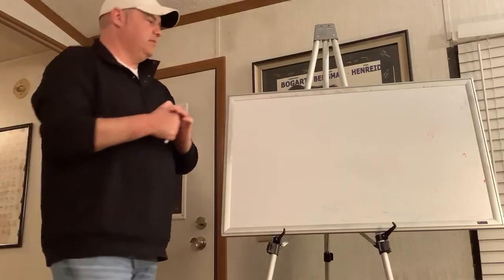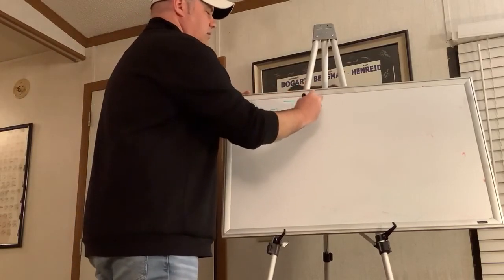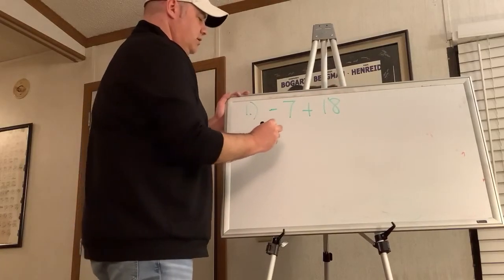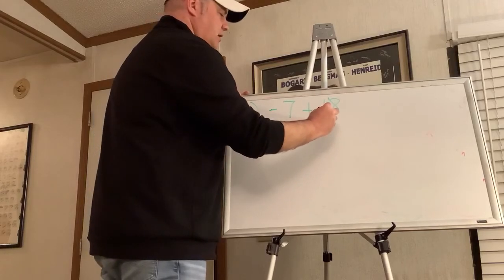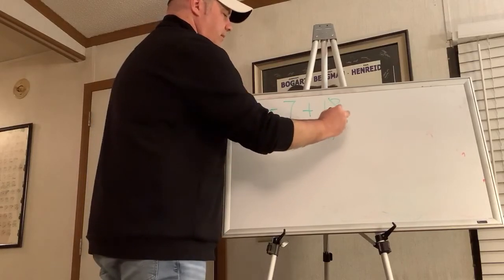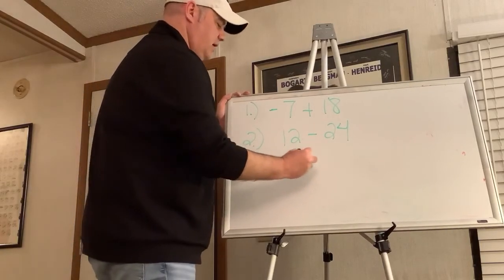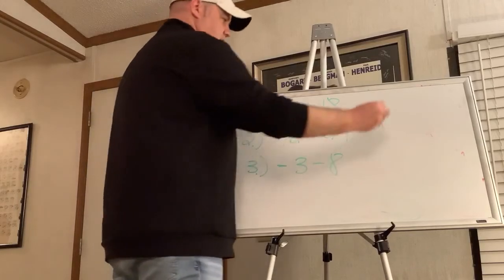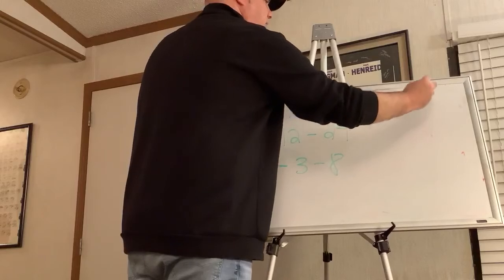So let's put these problems up. I want you to do -7 plus 18. I want you to do 12 minus 24. I want you to do -3 minus 8 here. So it's -3, -8. I want you to do 16 plus 37.